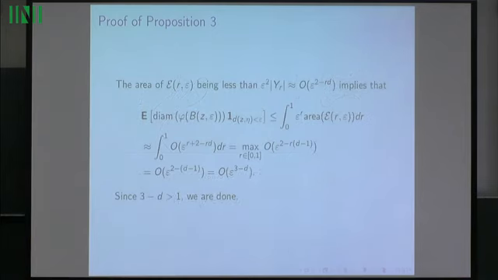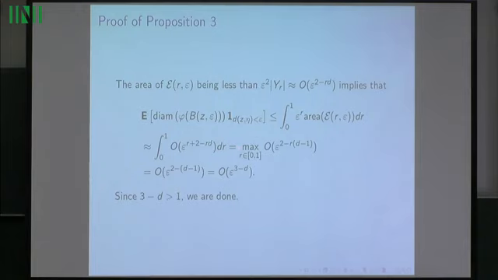So with this area estimate, we can now prove the proposition that I stated before. We pick some z uniformly random in K and look at the expected diameter of phi of B(z, epsilon), and this will become the integral from r equals 0 to 1 of epsilon^r times the area of this set, which is the integral of this order.